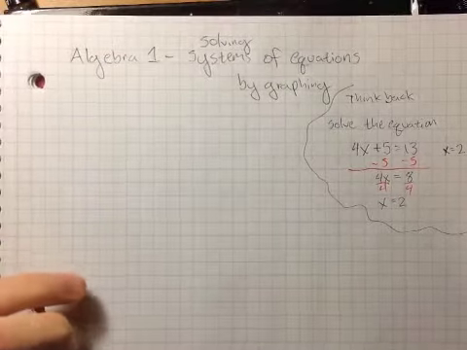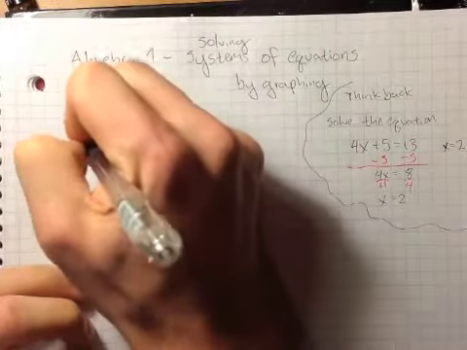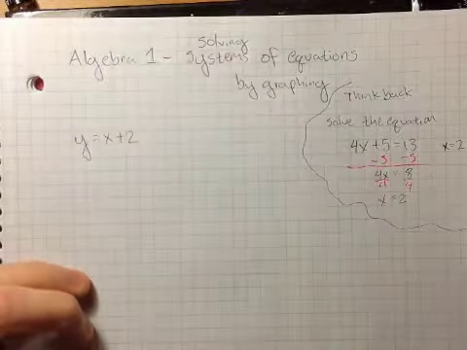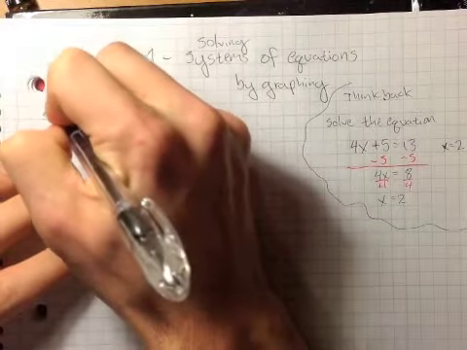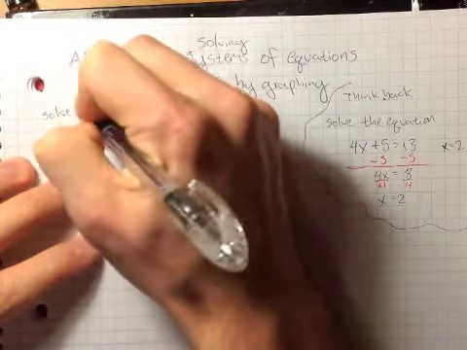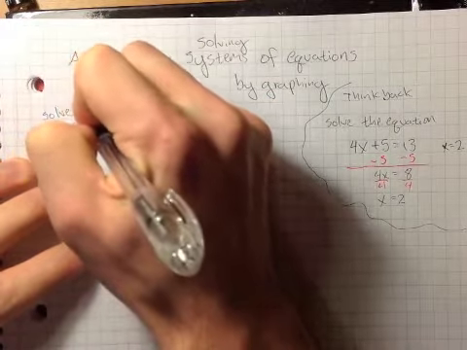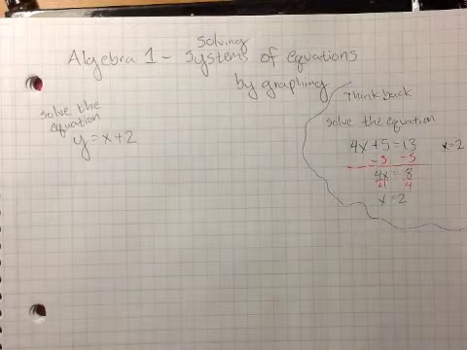Now, we have seen equations that look something like this. Let's say y equals x plus 2. It doesn't make any sense to say solve the equation y equals x plus 2.